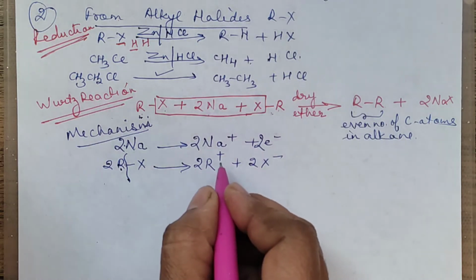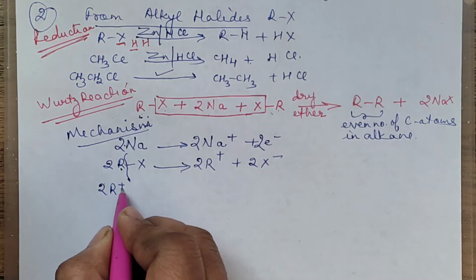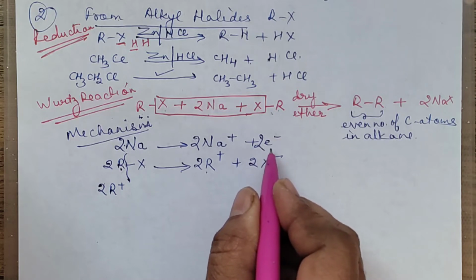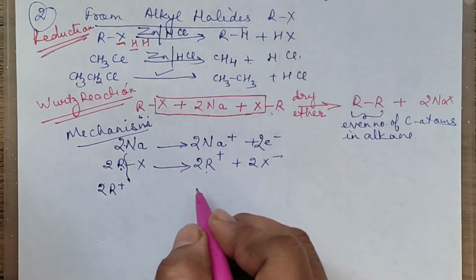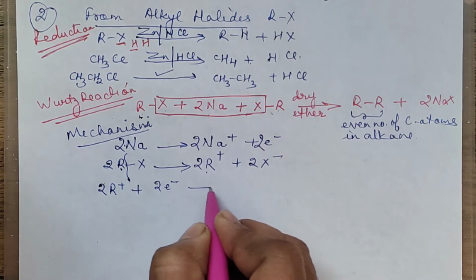Now this 2 R plus which was formed reacts with these 2 electrons. Because it is positive, it will take the electrons, both the electrons.